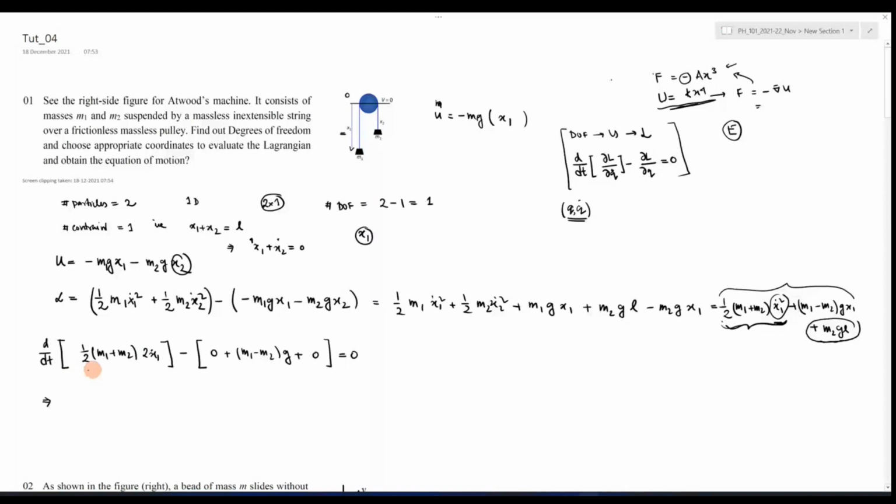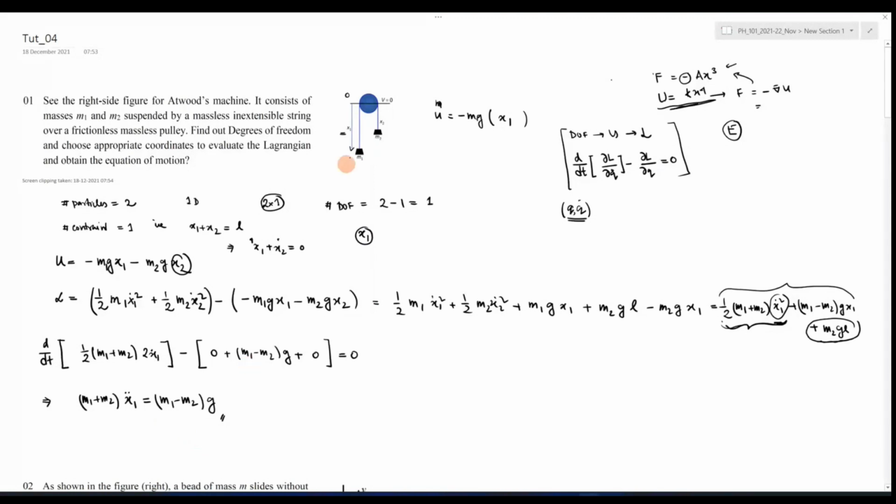Only one term is there, so it simply becomes (m1 plus m2) x1 double dot equal to (m1 minus m2) times g. This is our equation of motion. Is it clear, everyone? Yes, Bhaiya.